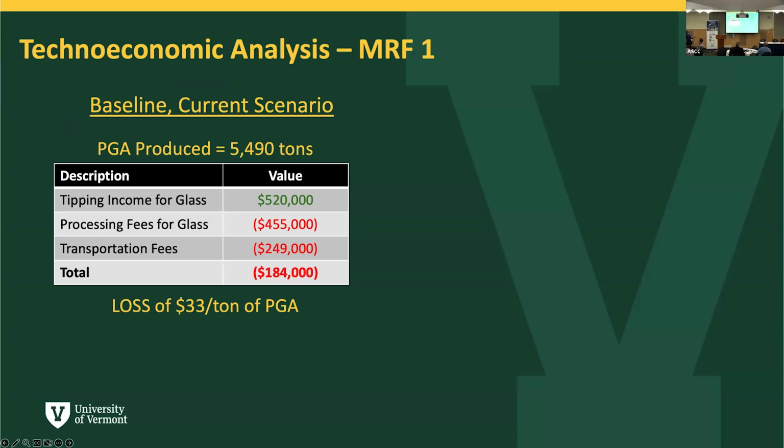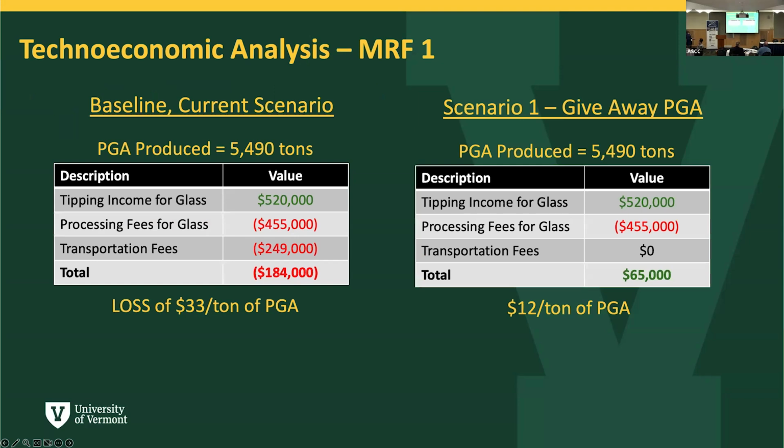That's how they lose $33 per ton. So even if they give it away for free, they will save $12 per ton of PGA if it gets used. That economic analysis is quite clear that it's a good thing if we can do it in Vermont, and presumably this could be the case in other states.